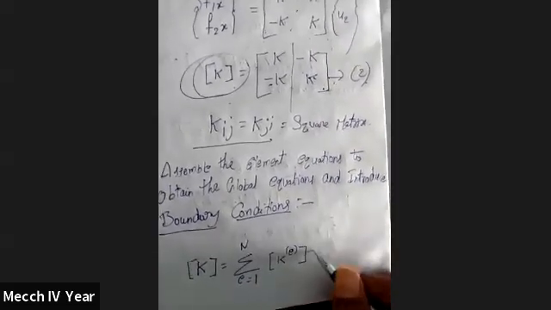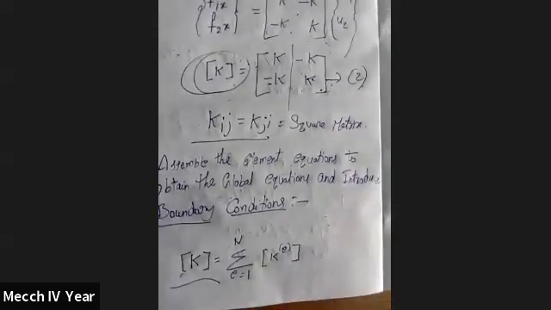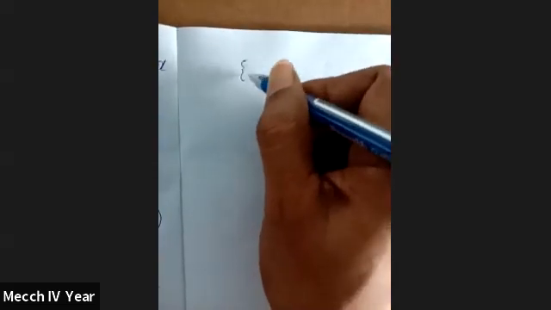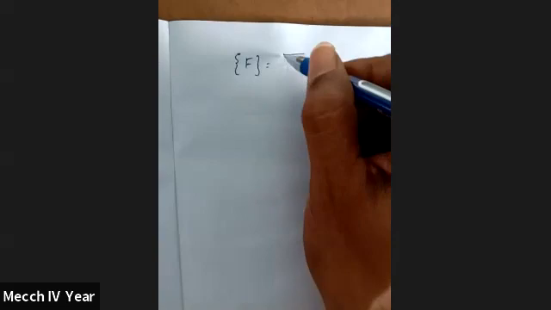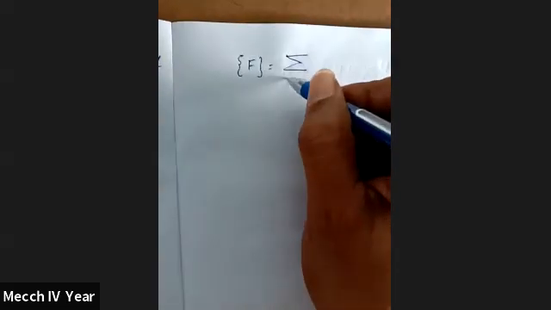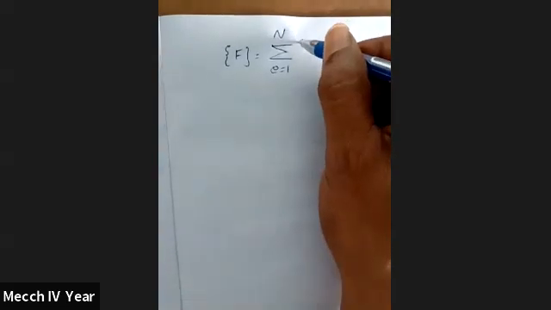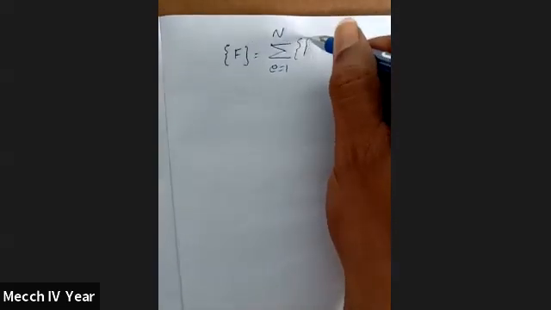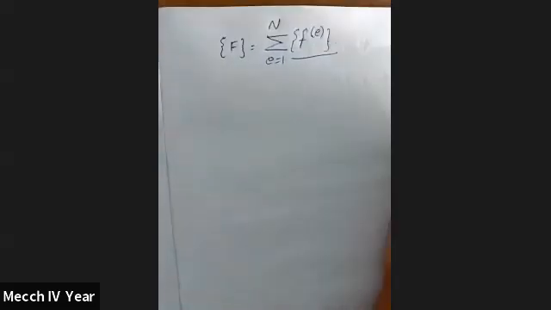Okay, this is with relation of stiffness, and we are going to see with relation of force, F is equal to summation of elements, e equals 1 to N, of f to the power e.